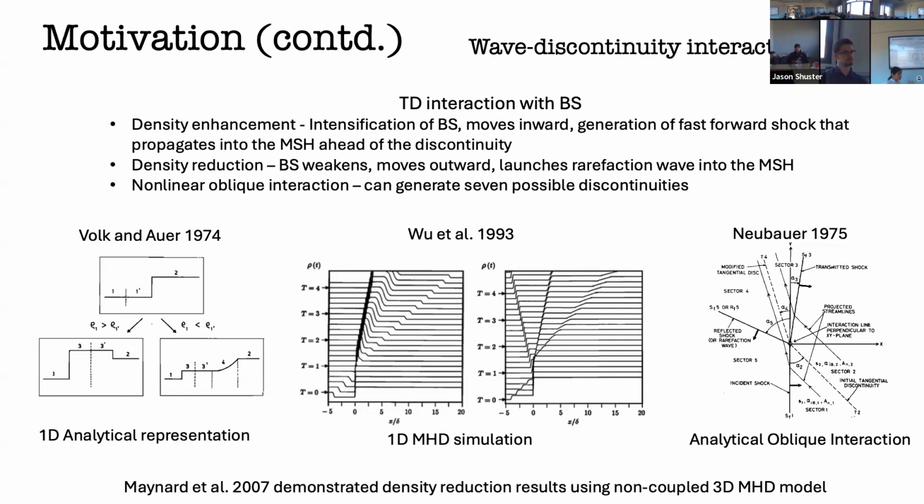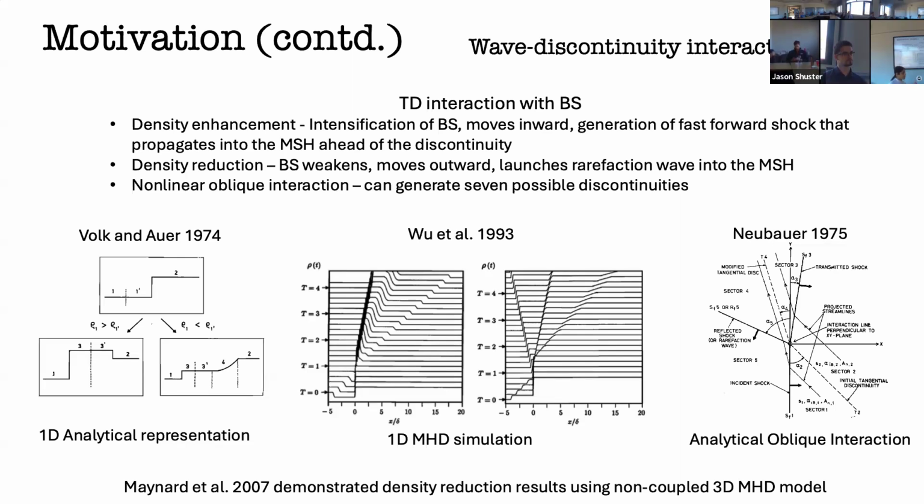So for the first part, the interaction with the bow shock, in 1974, Wolfe and Dyer did the analytical representation of that, and they mentioned that if there's a discontinuity with density enhancement, it could lead to the inward motion of the shock, it intensifies it, and it can generate a fast forward shock that can further propagate into the magnetosphere.